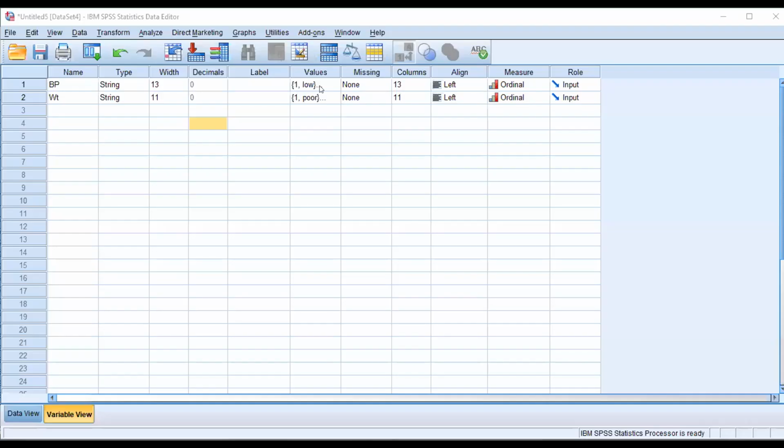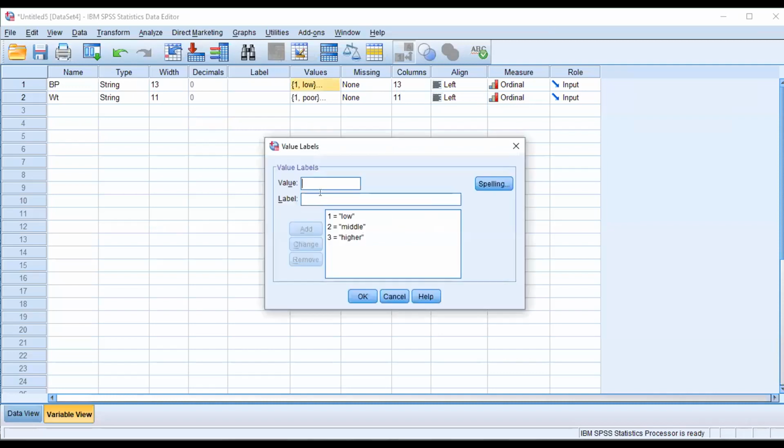I think my SPSS screen is visible to you all. Whenever you import data from Excel, you have to adjust the values. Here it says low, middle, higher; instead of that, you can put 1 for low BP, 2 for normal BP, and 3 for high BP.